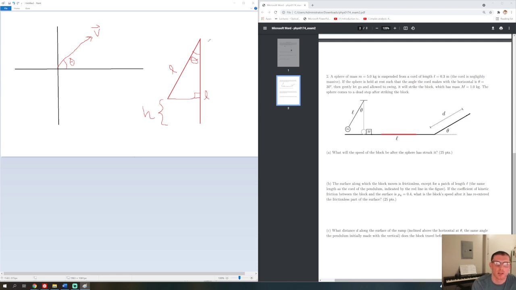And then once we realize that, we can write that the height of what's actually the right triangle here, not including this part, is just going to be L minus H.